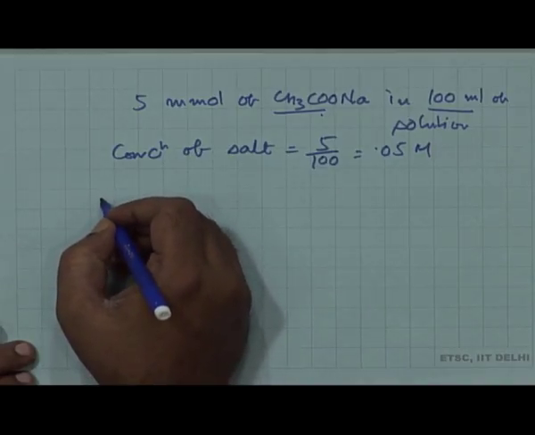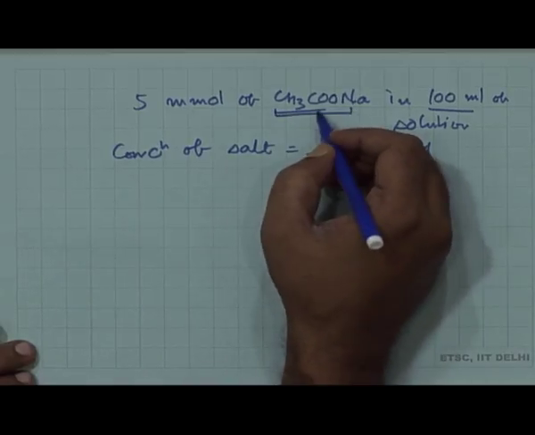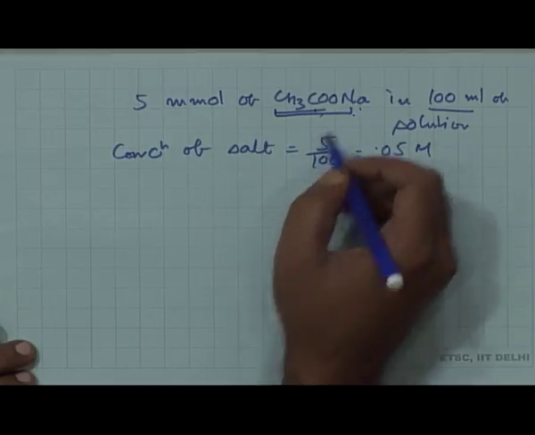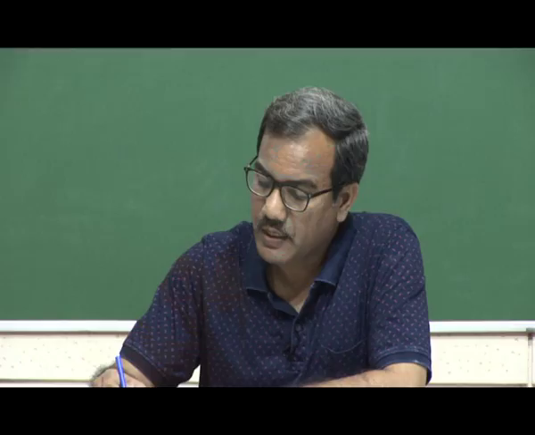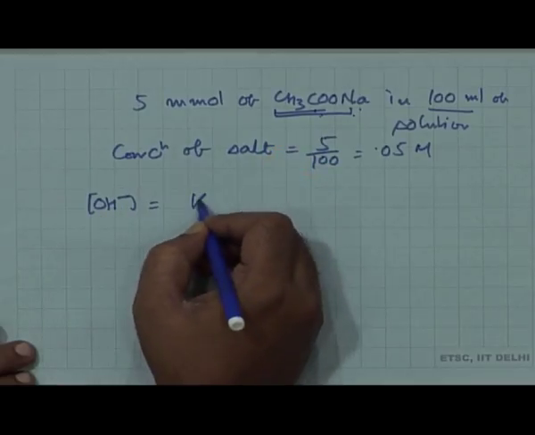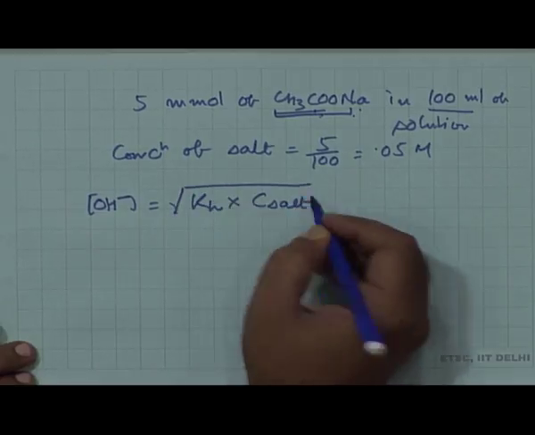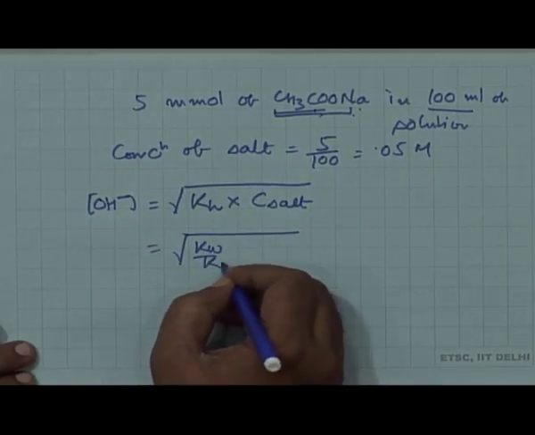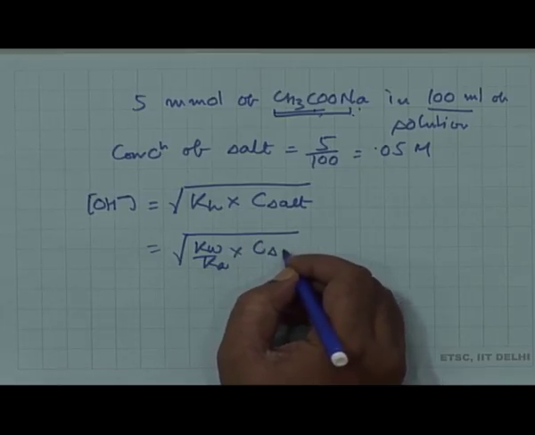Now, what will be the H plus ion concentration? You see, this is just a salt of a weak acid and a strong base, so it will be an alkaline solution, and OH minus ion concentration is the square root of Kh into C salt, and Kh is Kw by Ka, so Kw by Ka into C salt.